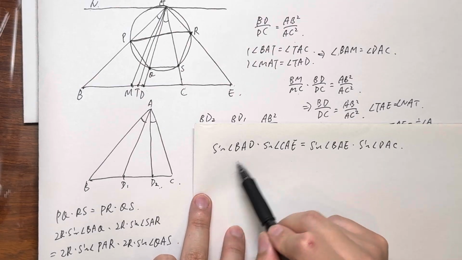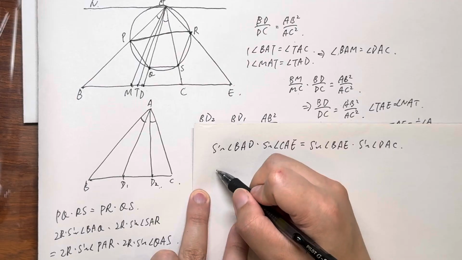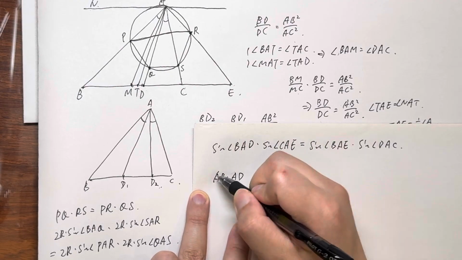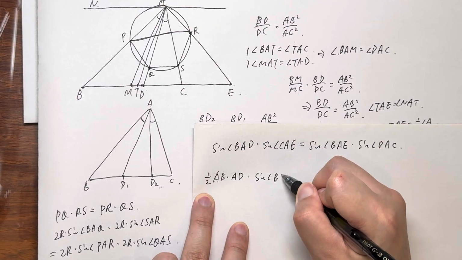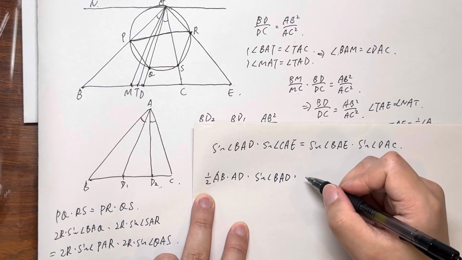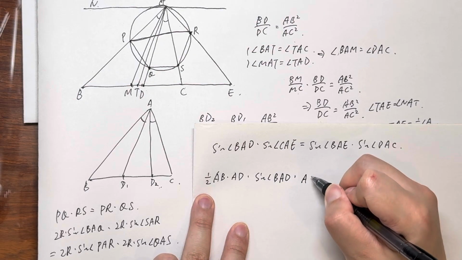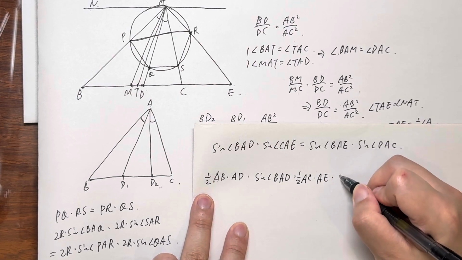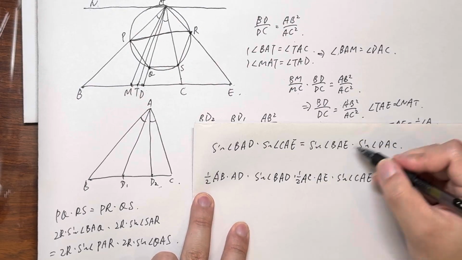So for this one, we can rewrite it as we want to prove half of AB times AD times sine angle BAD times half of AC times AE times sine angle CAE. We want to prove this is true, right?